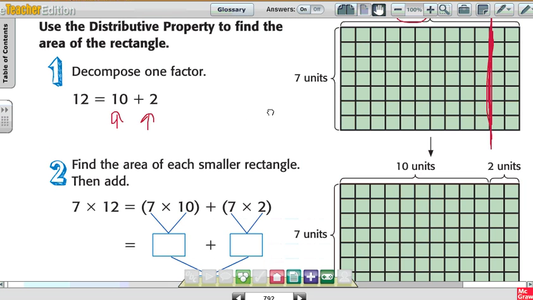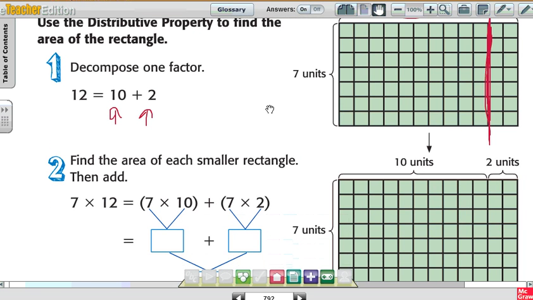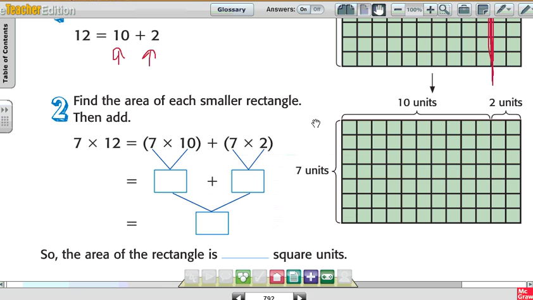Okay, now they want to know what's the area for this rectangle. And then they want to know what's the area for this rectangle. And then we add it all together. All right?